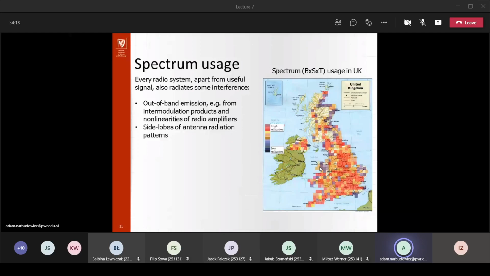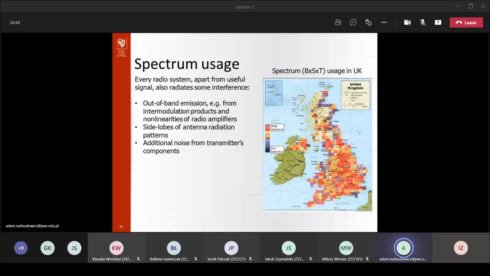So another thing are side lobes of antenna radiation patterns. You think you have a good antenna, but either your antenna is not designed properly, or again, it was tilted because of some environmental conditions, right? So we are radiating some energy into an area which we are not supposed to.